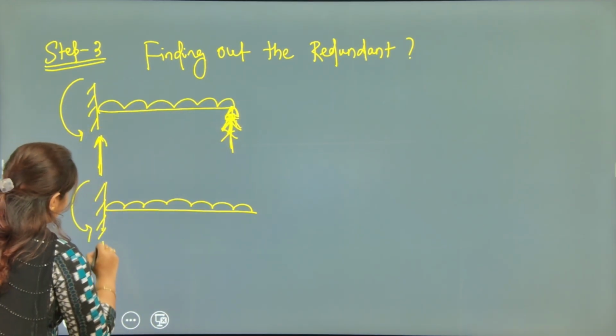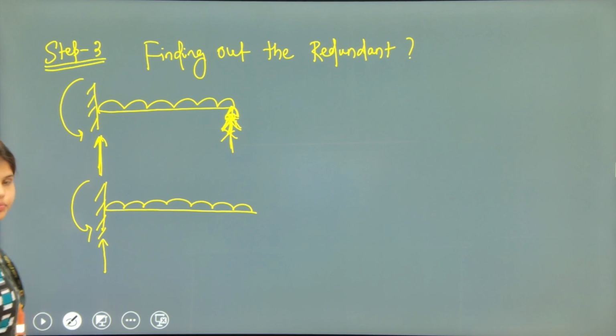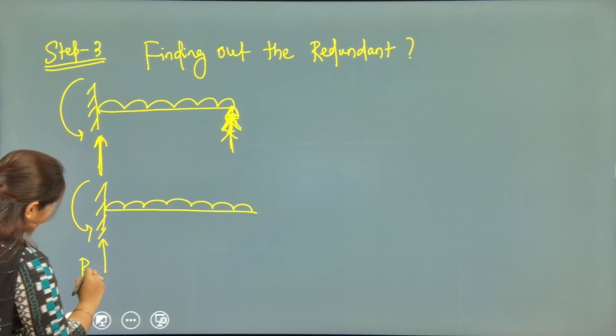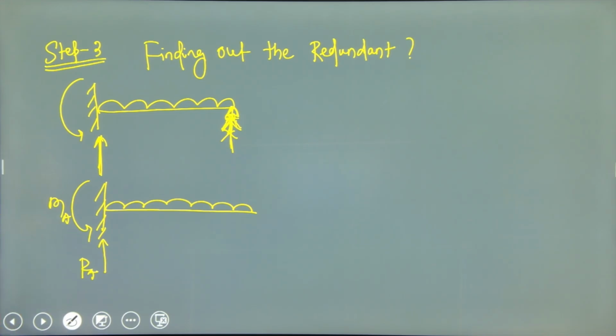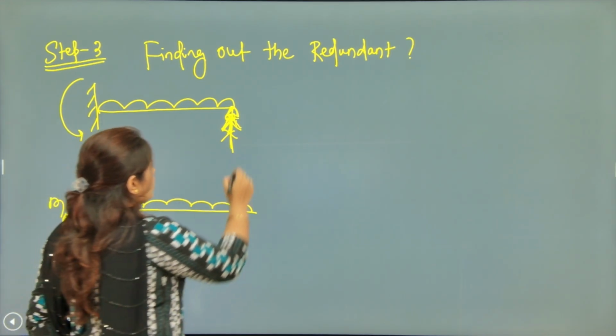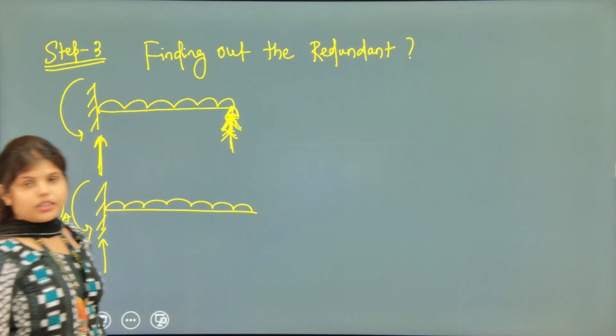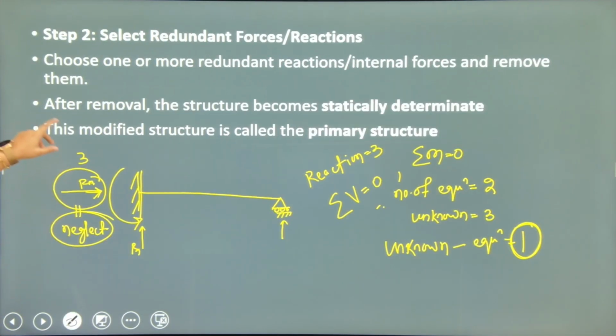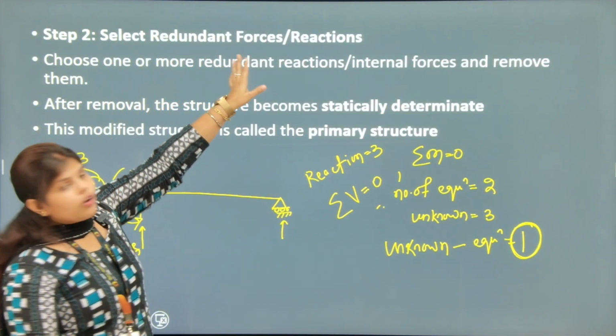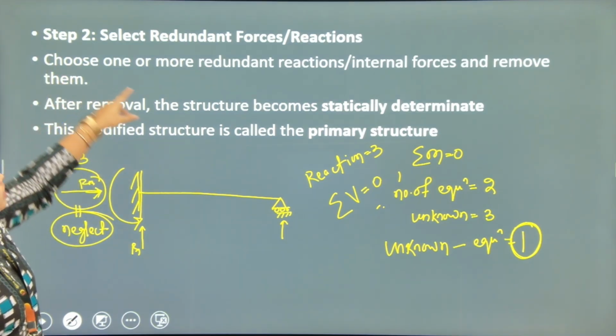We will make the structure look like this, having one rotation and one vertical reaction, that is RA and MA. Now we cancel this redundant as per step 2: select the redundant force or reaction. Choose one or more redundants.